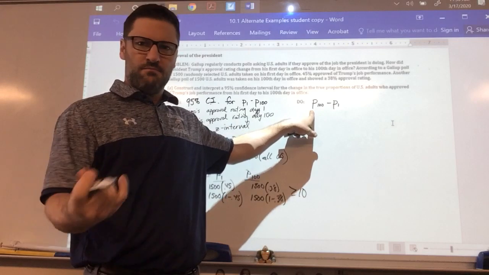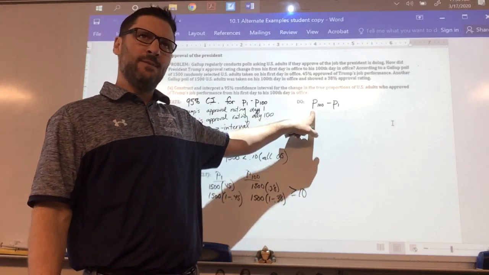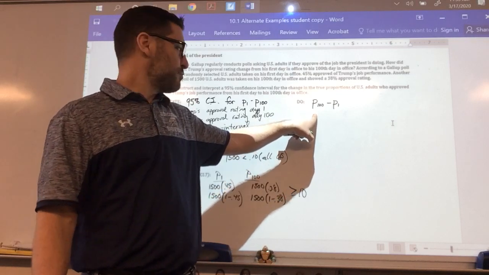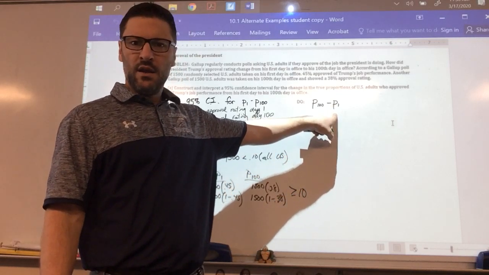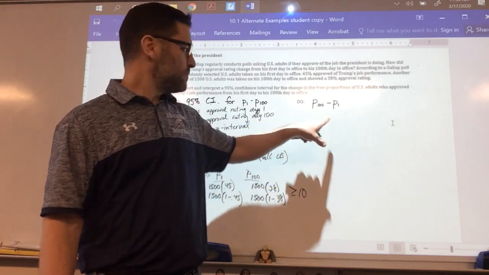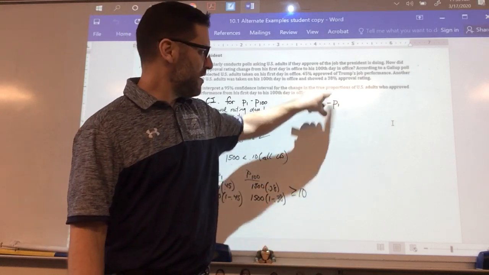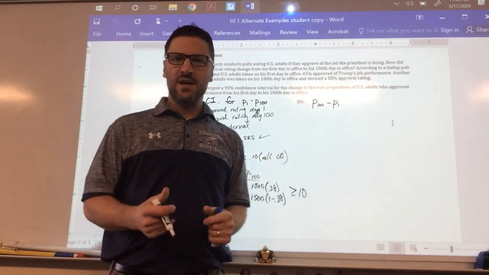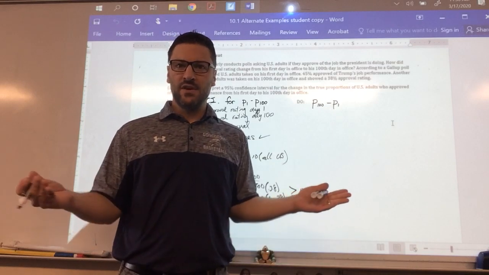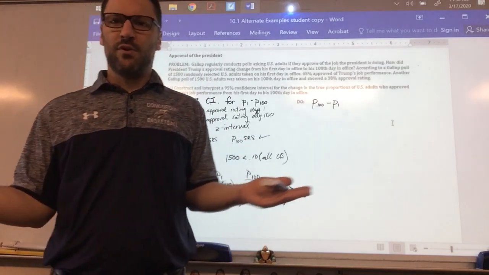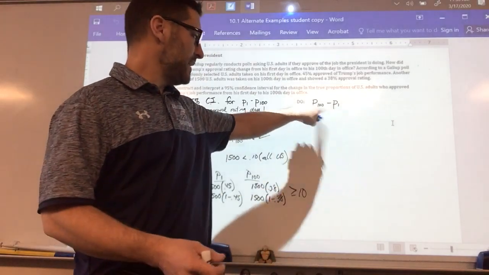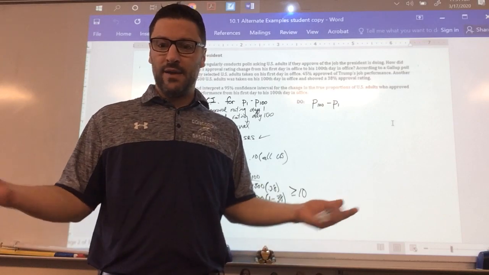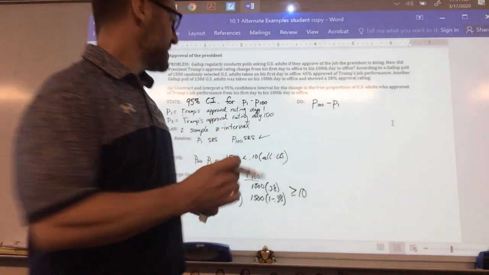If our idea is right, that his approval rating on day 100 is going to be less than his approval rating on day 1, then this should be smaller than this. So when I subtract those two numbers, this confidence interval should be negative. That's really important when analyzing it: is it positive, is it negative, does 0 appear in that confidence interval?